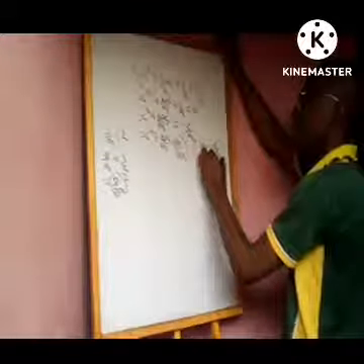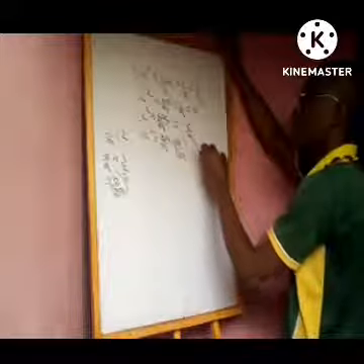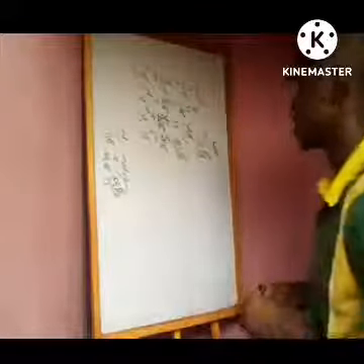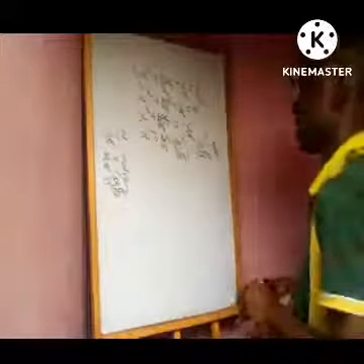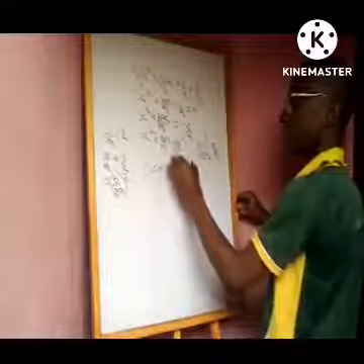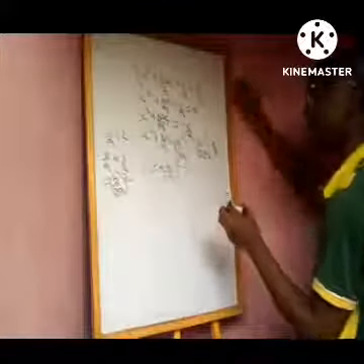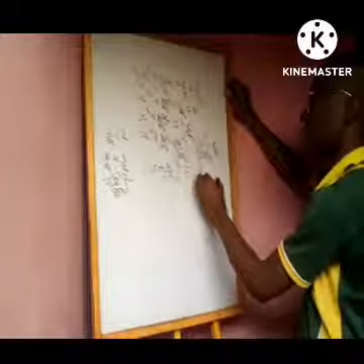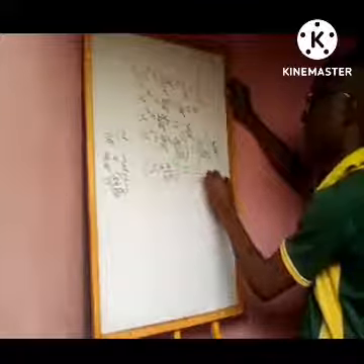Now having done that, let's simplify this. This will become x plus b over 2a squared equals b squared over 4a squared minus c over a.